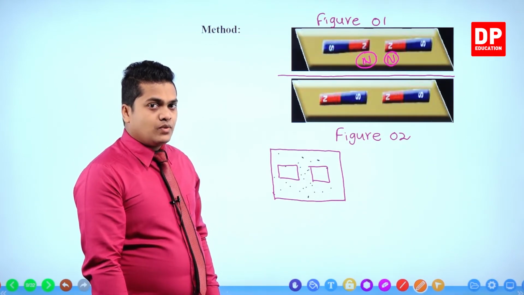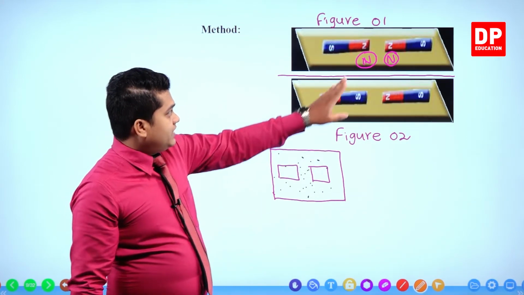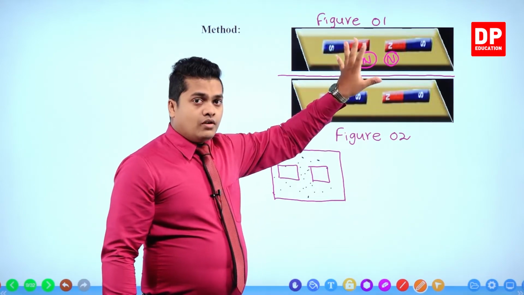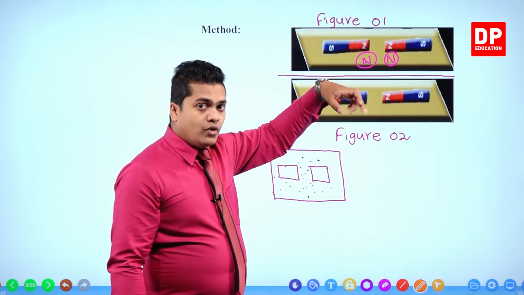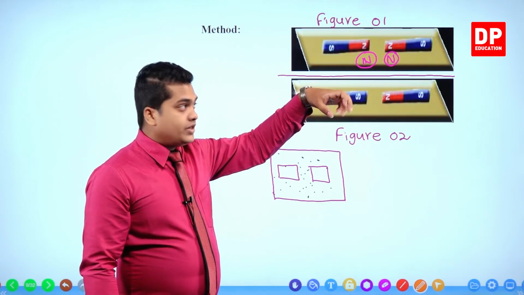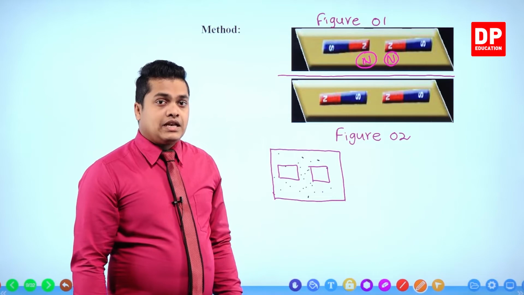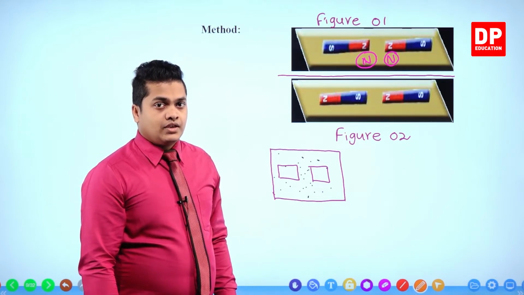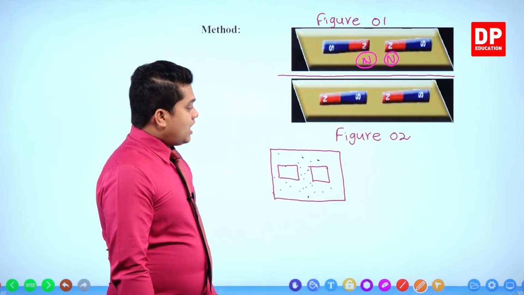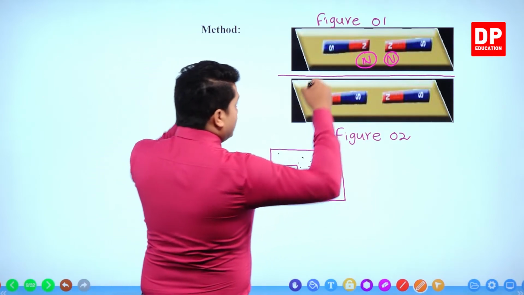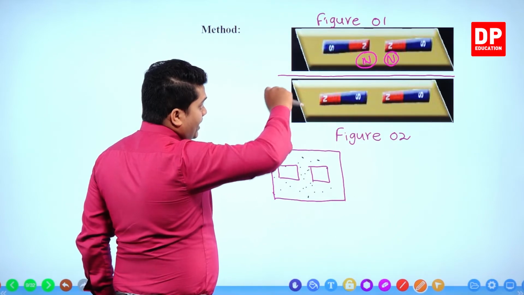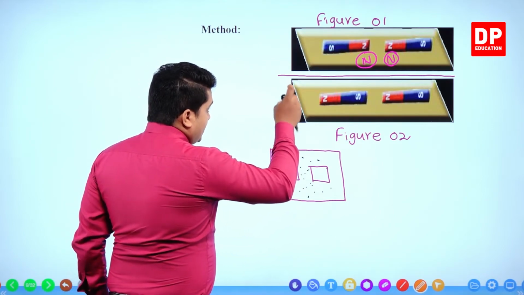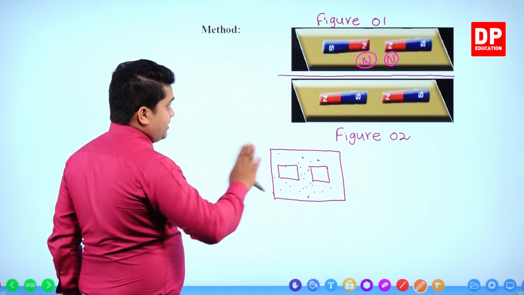So in the first case, what you have to do is fix the two magnets on the thermocol board like this. You can dig a hole within the thermocol board and place the two magnets in it like this. After that you place the white color paper over it, spread some iron powder and tap gently on it to arrange to a certain pattern.